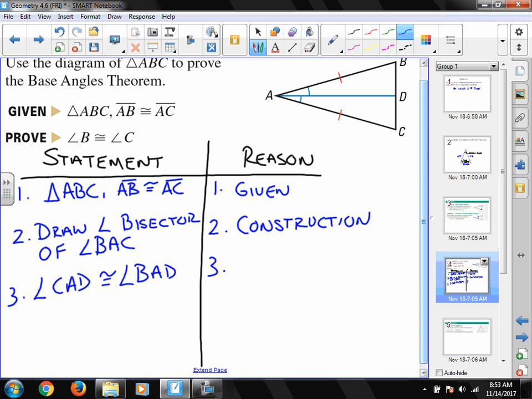The reason being is, since we drew that angle bisector, that is the definition of the angle bisector. So now I know that this angle is congruent to this angle up top in our diagram, and feel free to mark those off.